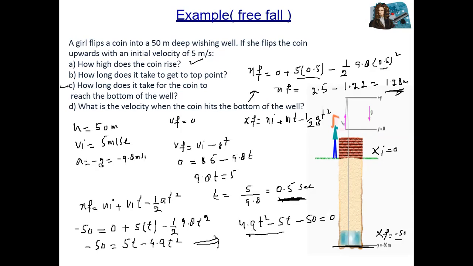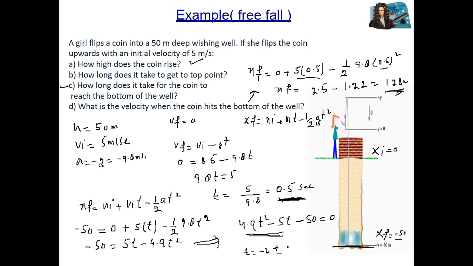So how can you solve this equation? With the help of what? Yeah, you can solve with the help of the quadratic formula. You can factorize, you can solve by completing the square, or with the quadratic formula. When you solve with the quadratic formula, t is equal to what?